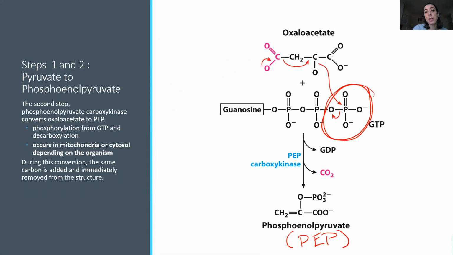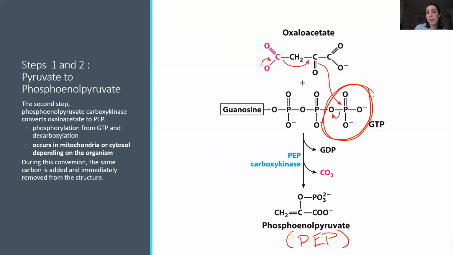During this process, we also are removing that CO2 from the oxaloacetate that we just put on, resulting in our phosphoenolpyruvate. Now, this whole action, converting oxaloacetate into phosphoenolpyruvate, can occur in the mitochondria or it can occur in the cytosol. This is depending on an organism. In humans, we can do this in the cytosol.